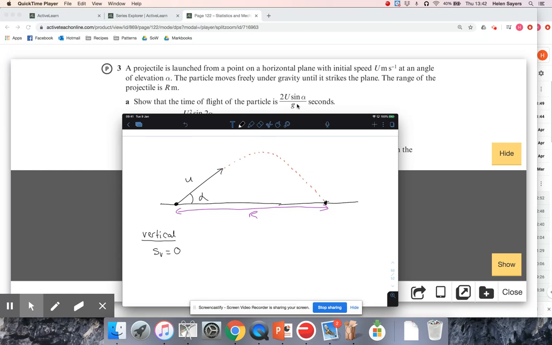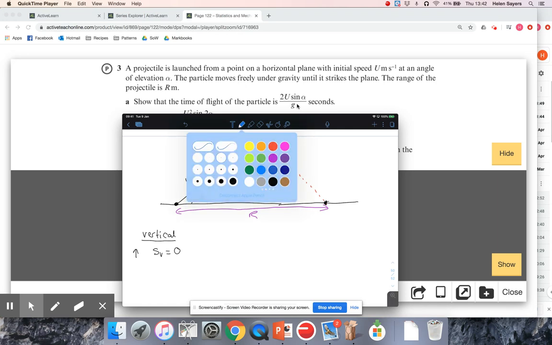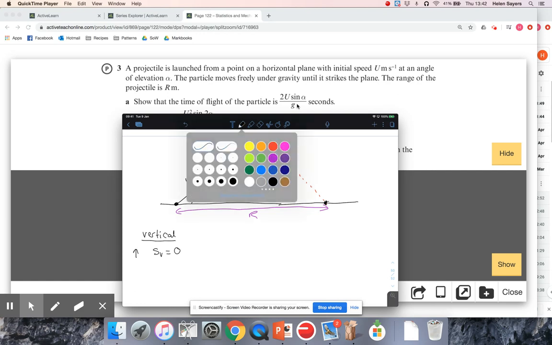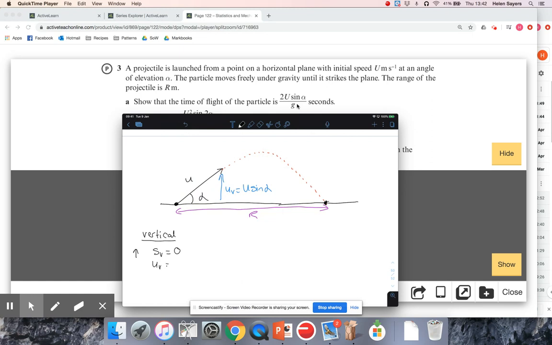So what else do I know? Well, let's take up as positive. So the initial, we'll use a different color, right? The initial vertical velocity, so that is opposite angle alpha, is going to be capital U sine alpha. So that's my initial vertical velocity.